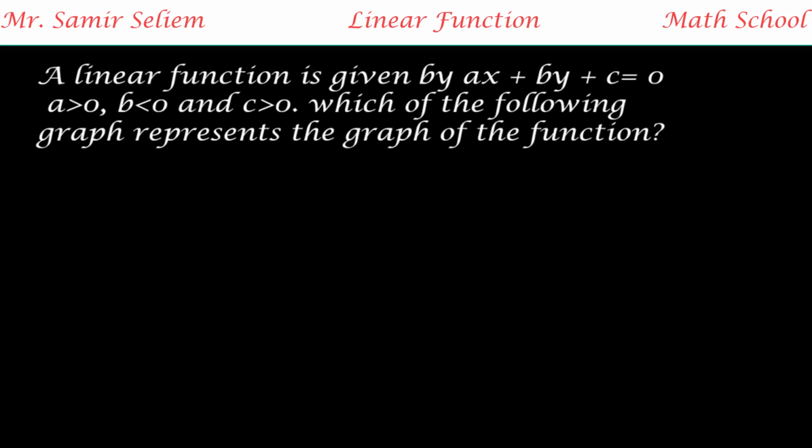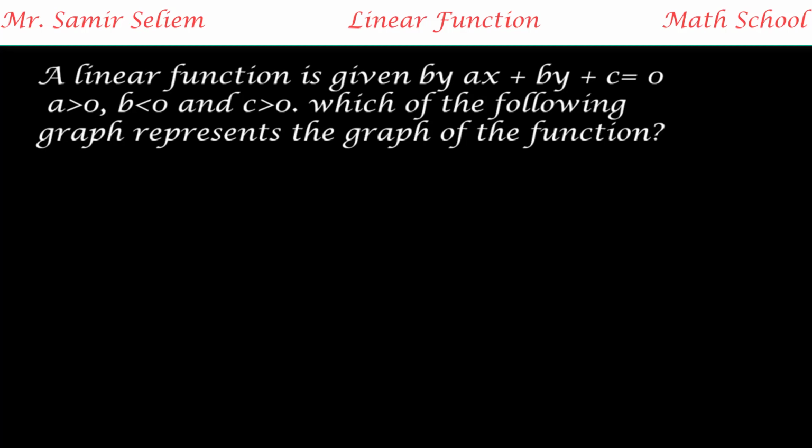A is greater than 0, so A is positive, B is less than 0, so B is negative, and C is greater than 0, so C is positive. So A, B, C, the coefficients or constants, are positive except B. B is negative, don't forget this.